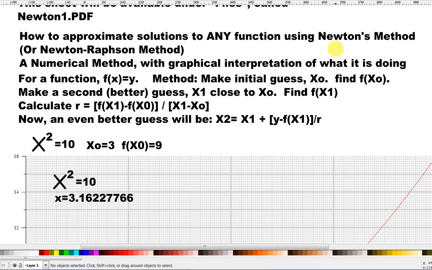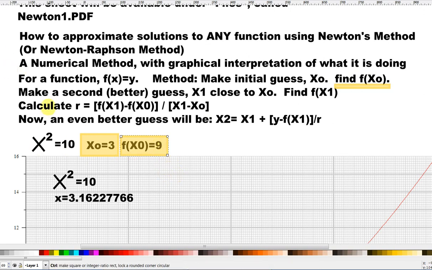As an initial guess, I would choose 3, because I know 3 squared equals 9, and so that's a good initial guess. The second step says find f of x0, which just says plug your initial guess into your function. So 3 squared equals 9. That's what I've done right here. F of x0 equals 9.